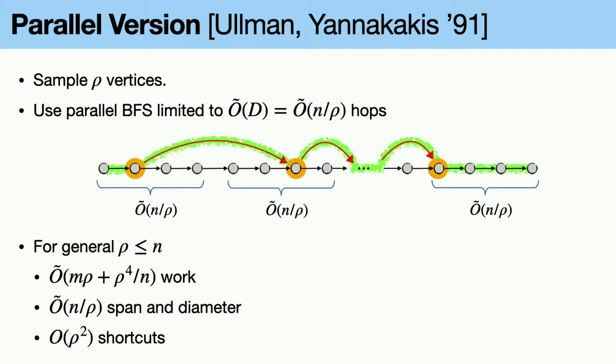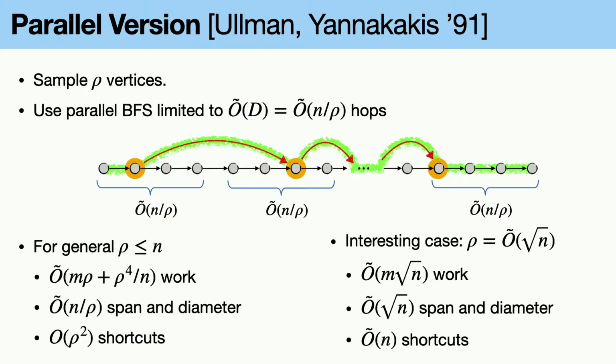So when you put everything together, you get this work and this span. This rho to the 4th over n is roughly coming from matrix multiply on rho by rho matrices. And again, if we're interested in the linear shortcut case, we would set rho equal to square root of n, which would give us m root n work and square root of n span.